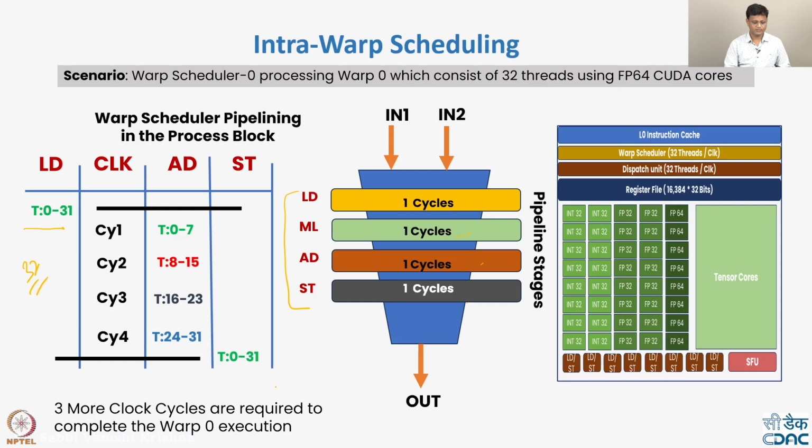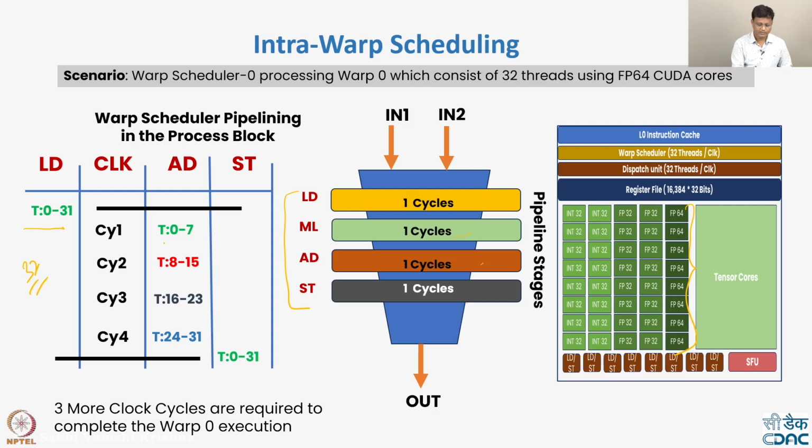But the problem is that there are 32 threads, while there are only 8 FP64 cores that can be used. Then how will it be utilized? That is the reason these 32 threads will be divided again into chunks of 8 threads based on the computing resources.